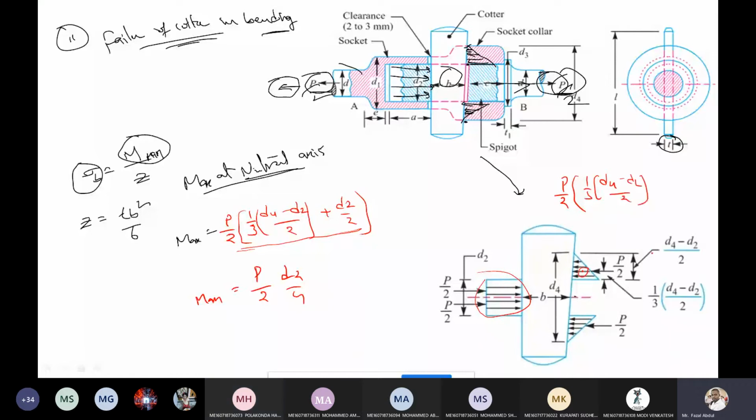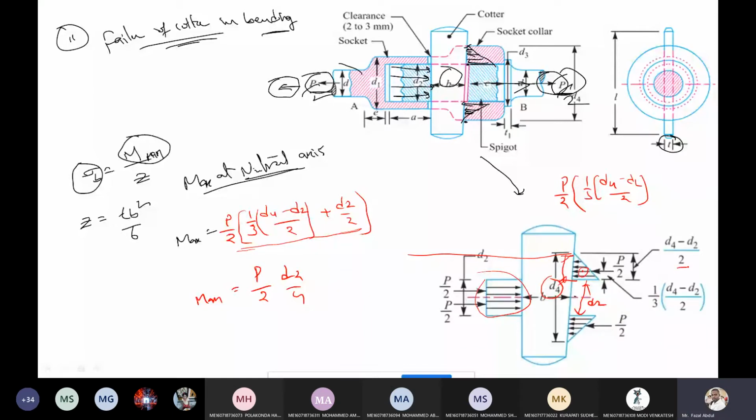The total outside diameter of the socket collar is D4. Inside diameter of the socket is D2. Now from here to here is D2. Now what is the length of this one from here to here? That is (D4 minus D2) by 2.